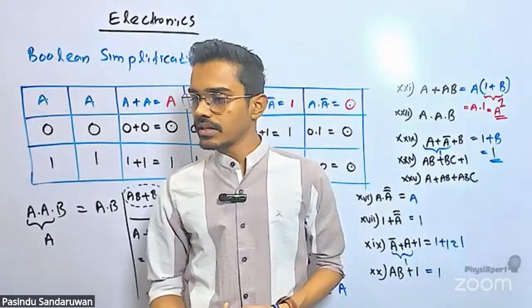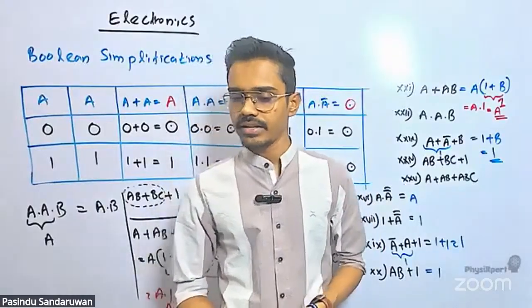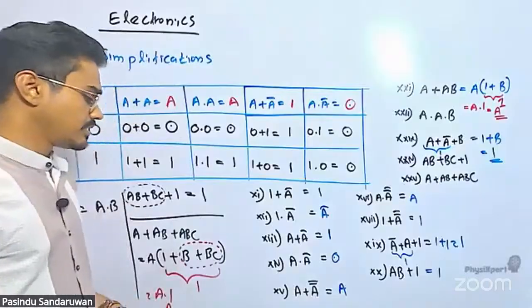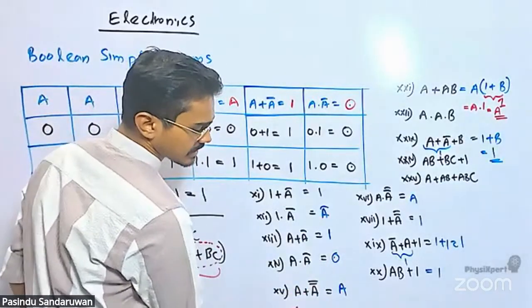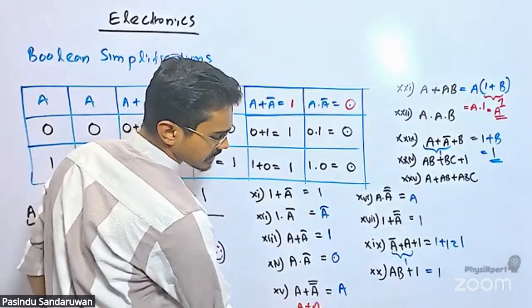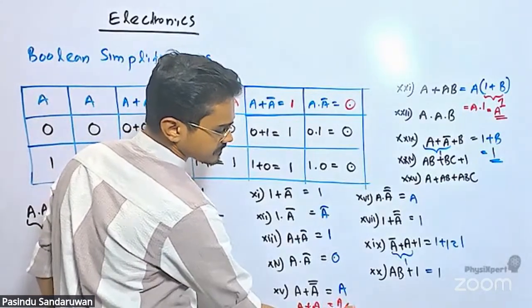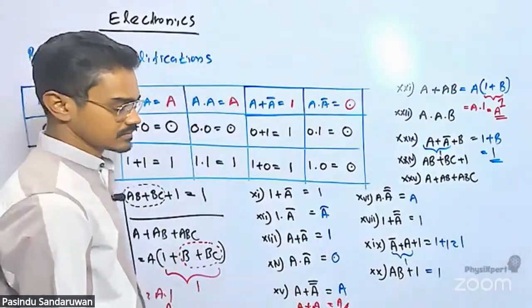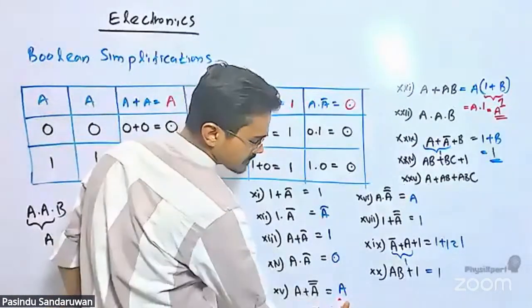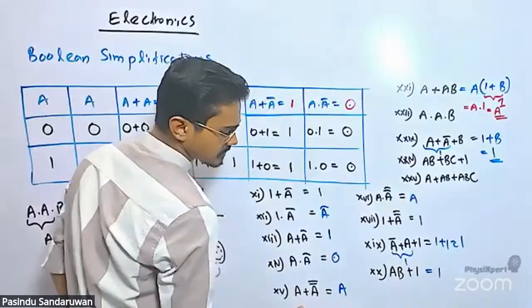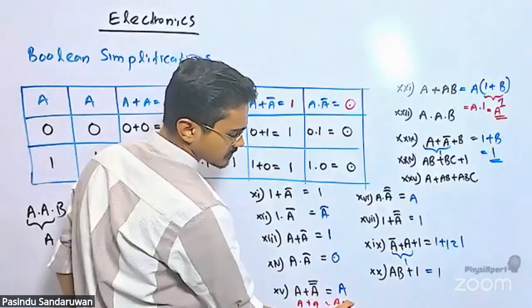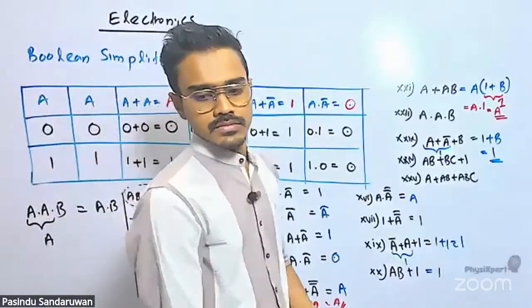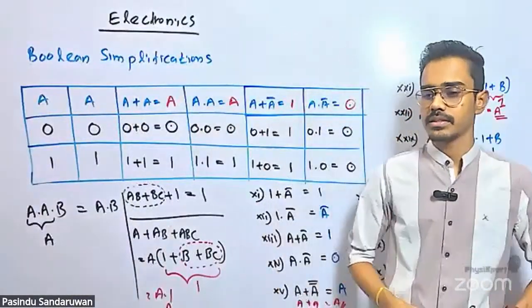Can you show the working for 15? A plus A double bar. A double bar is A, no? Then this is A plus A. A plus A equals A. A double bar is A, complement of complement.